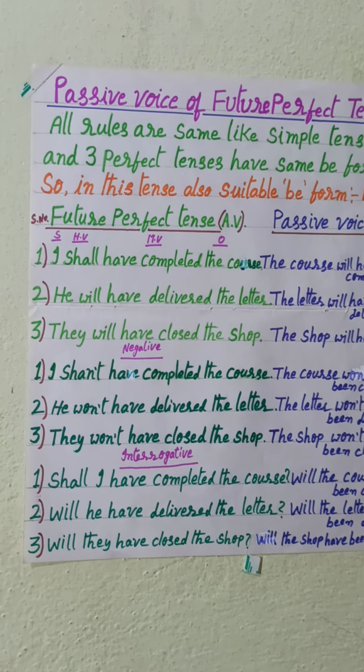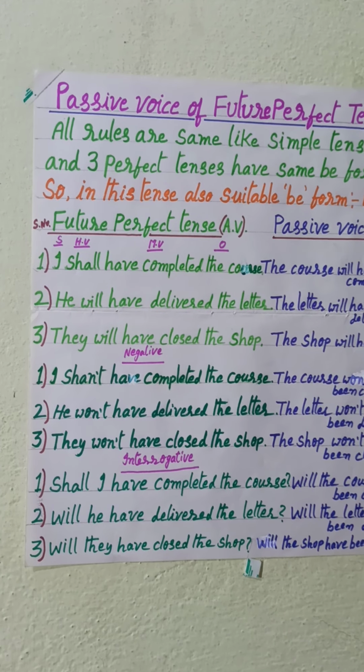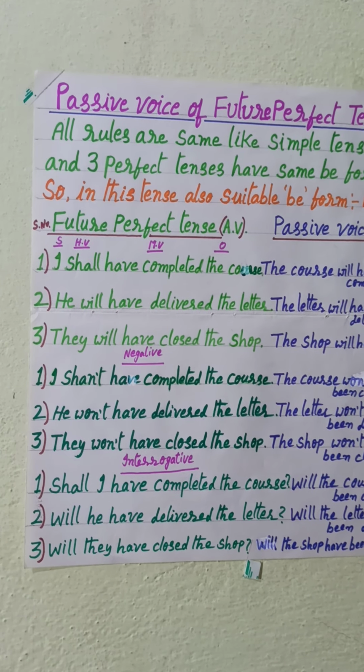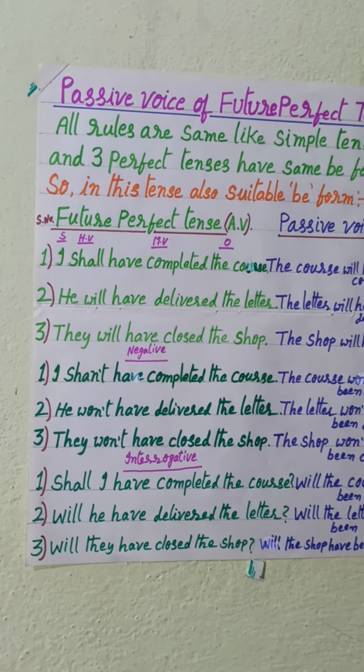Here shan't is a short form or contraction. Already we know shall plus not is equal to shan't.